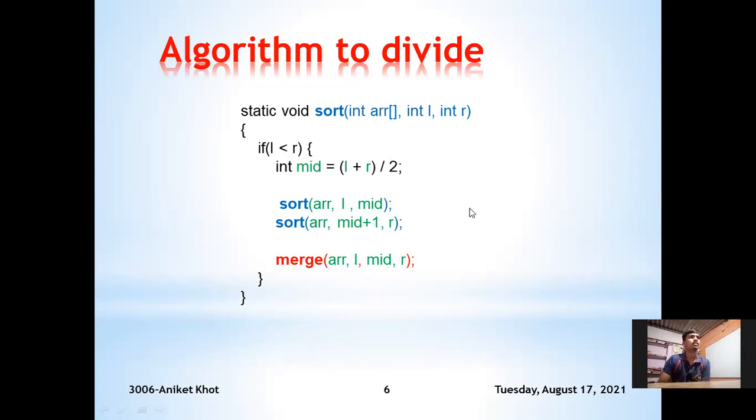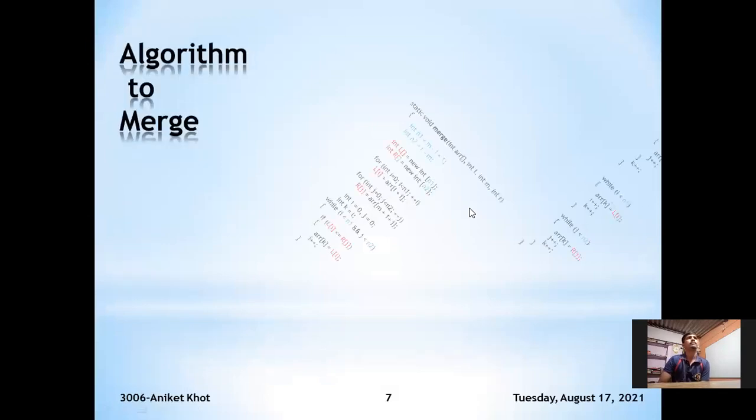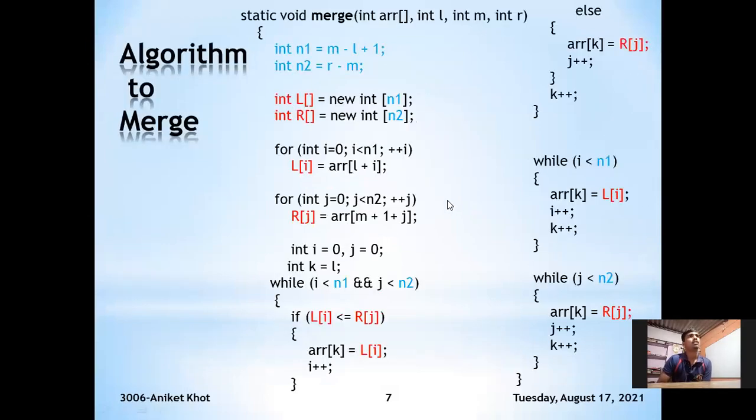After that, this is the merge method. Here we have the left hand side and right hand side. We copy the elements of the array into the left hand side and right hand side, and then we merge the elements into the array.